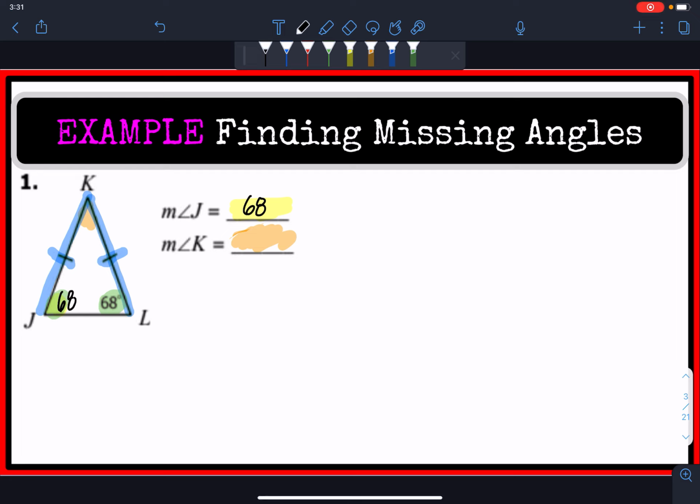Well, the way we're going to figure out the measurement of angle K, again, is use the same rule that we used in the previous lesson on the Triangle Sum Theorem, that the interior angles add up to 180 degrees. So getting 180 degrees and subtracting 68 and 68, which is equivalent to subtracting 136, we end up with 44. So the measurement of that top angle there is equal to 44 degrees.